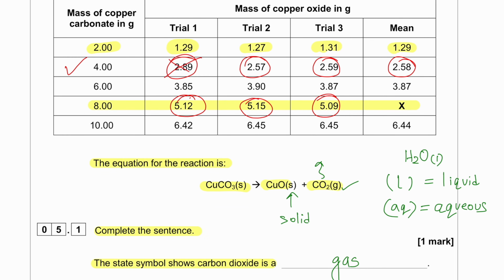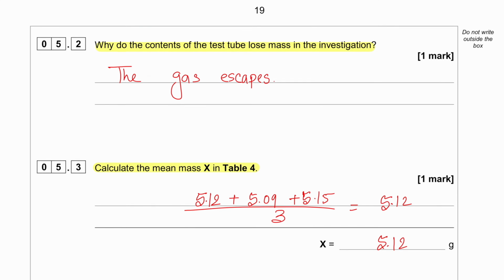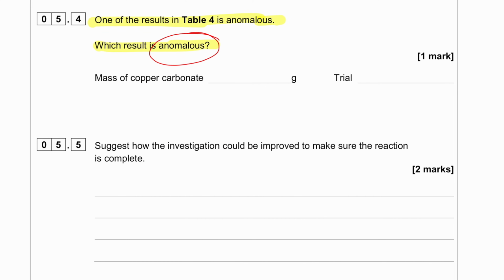That means this value was neglected because probably it didn't lose enough mass. So in the mass of copper carbonate 4 grams, trial 1, we have an error.